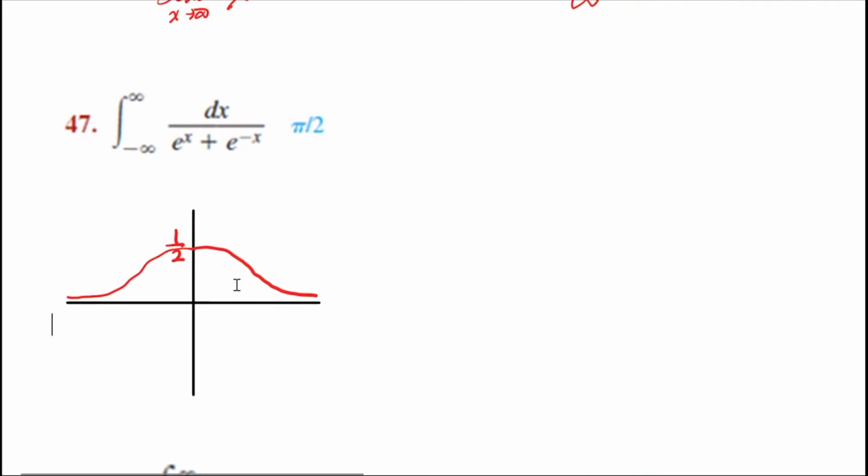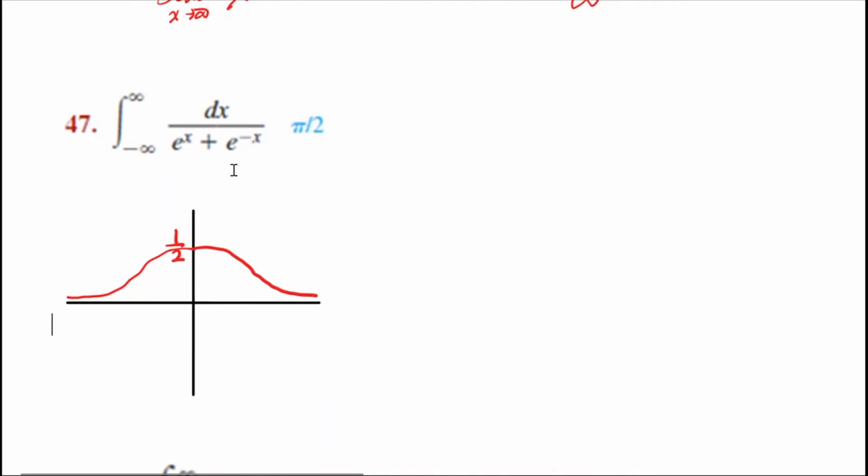Let's see, if you approach infinity, this thing becomes infinity and this thing becomes 0. So it's still 1 over infinity. If you approach negative infinity, this thing becomes 0, but this thing becomes infinity. And one more thing we should check is whether this is an even function. Sure it is.